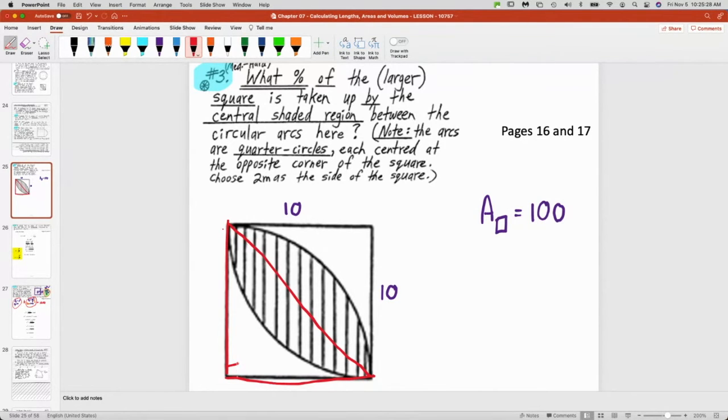Can someone tell me what the area of the isosceles triangle is? I'm not going to use subscripts, I'll use just colors. What is the area of the red triangle? Let me know in the chat. Yeah, that's right. Thank you. It's 50, yeah. It's half base times height, but because the square is 100, the little guy is only 50, it's half as much.